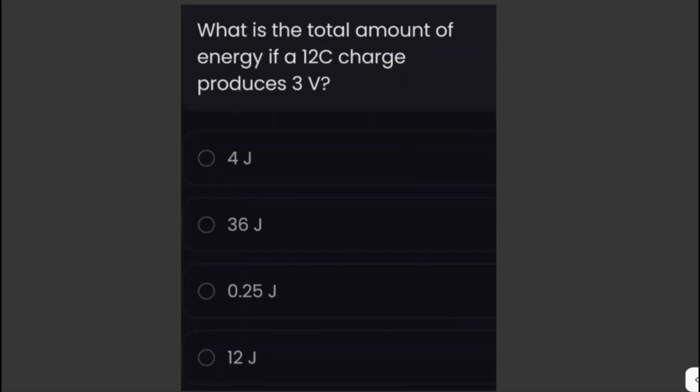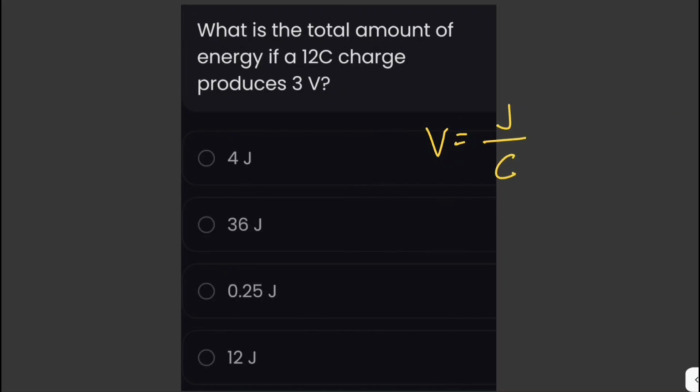What is the total amount of energy if a 12-coulomb charge produces 3 volts? Now voltage is defined as 1 joule per coulomb.